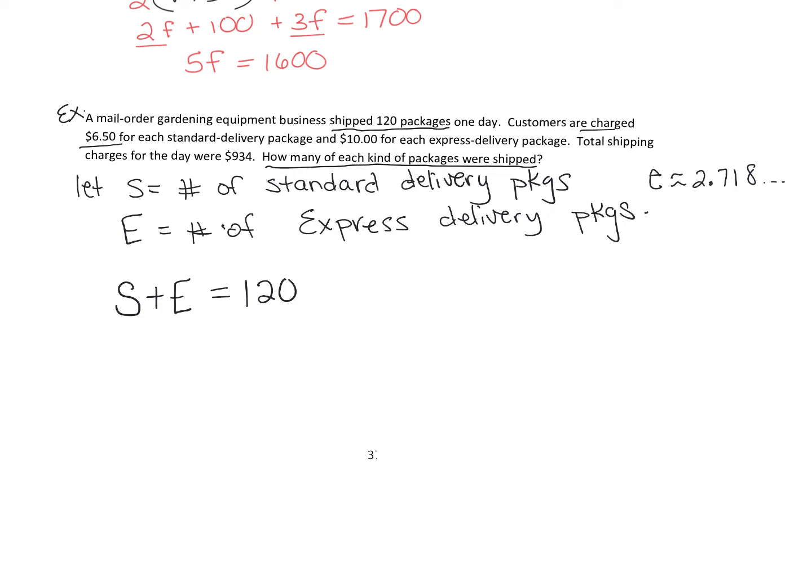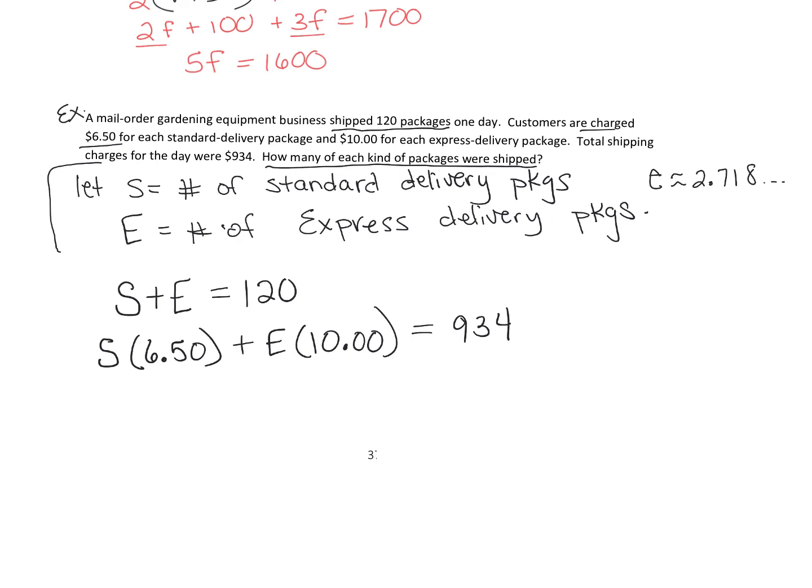So if we take the number of standard delivery packages and multiply by $6.50, we'll know how much that contributes to the total. And then express delivery times $10, and a total of $934. So we've identified our variables and we've written our equations, two equations with two unknowns.